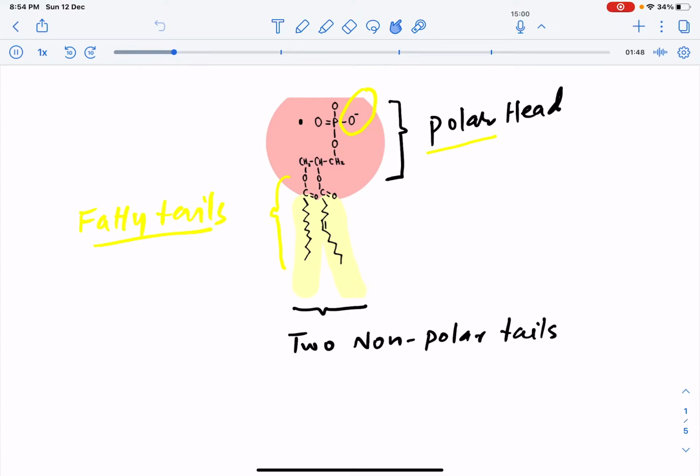You already know water is also a polar molecule. If we look at H2O, any water molecule is a polar molecule. A polar molecule has a charge on it.